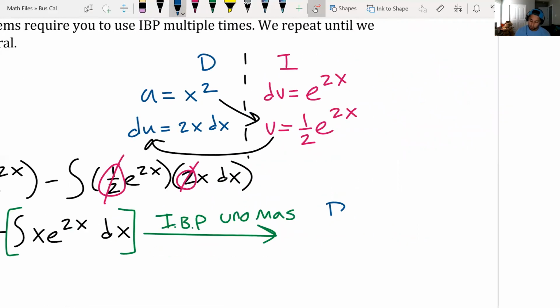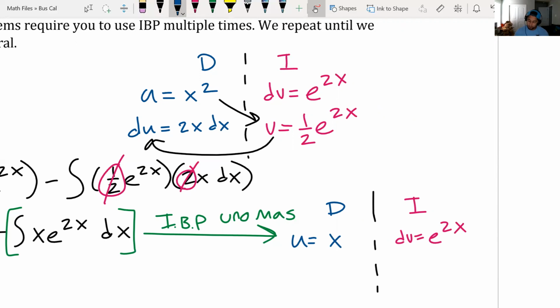You'll have your derivative column, and then my integral column. And again, I will choose my u will be x, and my dv will again be e to the 2x.